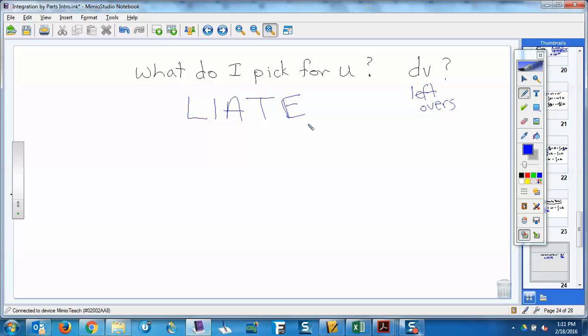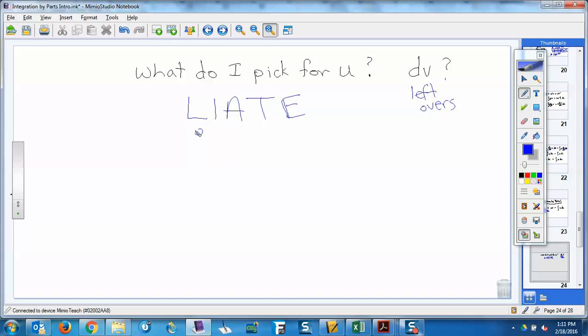Sine, cosine, those are easy too, right? The hard ones, the ones we don't have any rules for, are logs. We don't know the antiderivative of ln x, right? And we don't know the antiderivative of arctangent or arcsine, the inverse trig. So logs and inverse trig, we would not want to be our dv. So guess what? Those are the first ones we want to choose for our u.